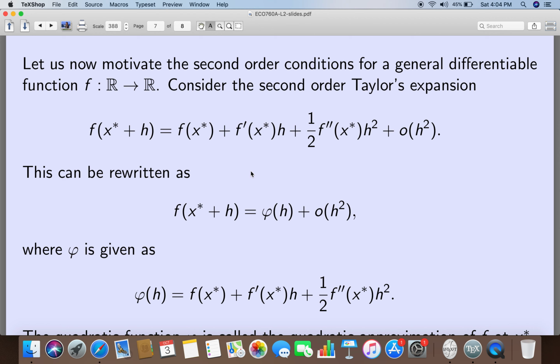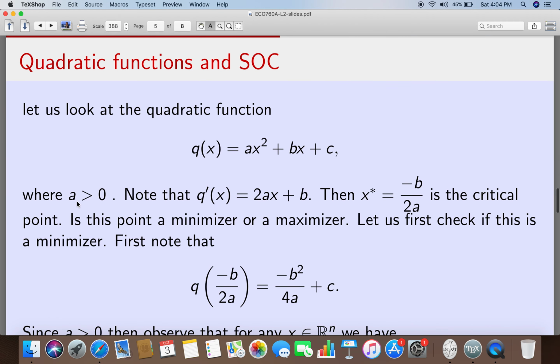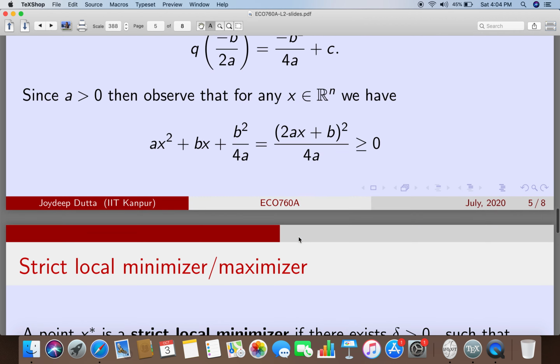So the interesting part is that I can talk about the minimizer of the quadratic function, which we already know, and under what condition I have found a minimizer, because for the quadratic function, if I had put a strictly less than 0, the same point would become a maximizer. So the critical point, the point where f dash x star or q dash x star equals 0, is a maximizer or minimizer depending on the sign of a, that is the sign of the second derivative.